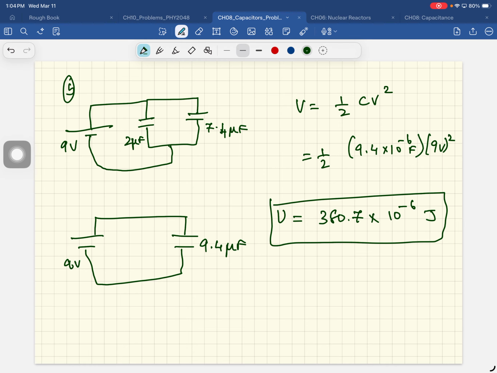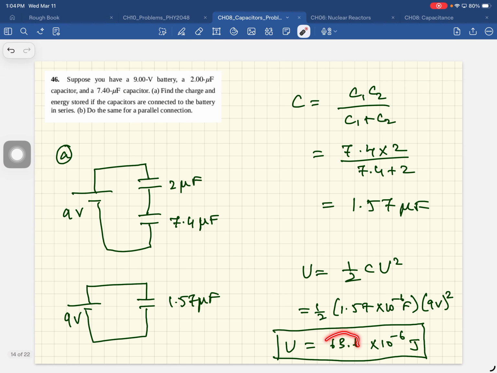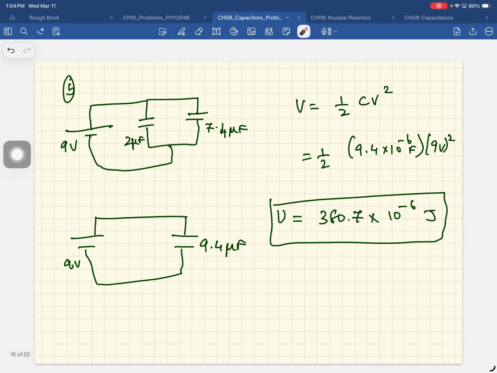Okay, so you can see that it's 380 microjoules versus 60 microjoules. So almost 6 times more energy with the same capacitors.